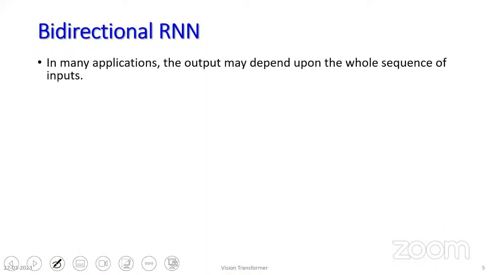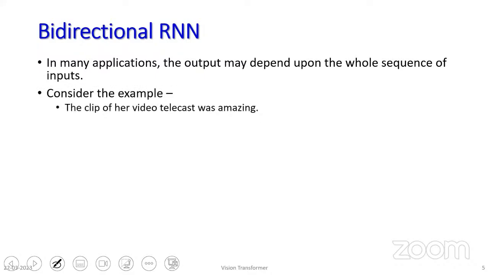You have bidirectional RNN also. In many applications, the output may depend upon the whole sequence of inputs. For example, consider this: the clip of her video telecast was amazing, and the clip on her hair was amazing. So the clip was with respect to hair, or the clip was with respect to the telecast.